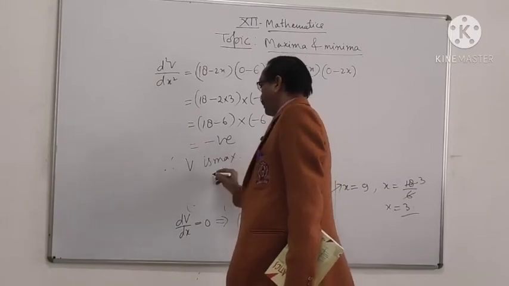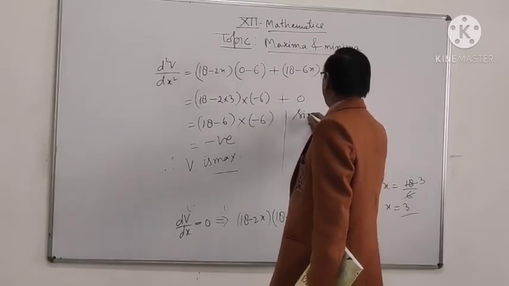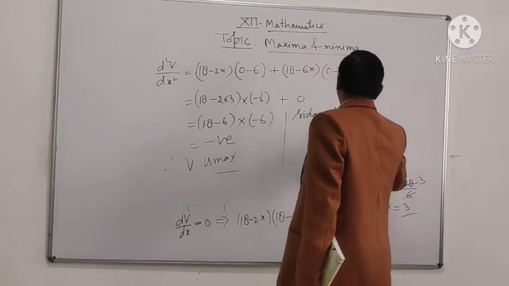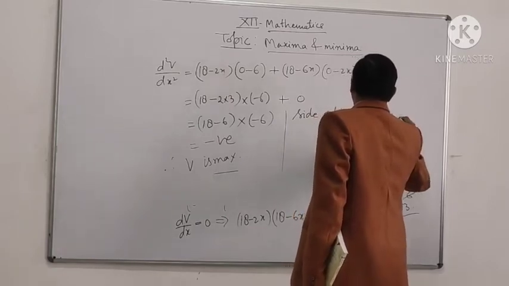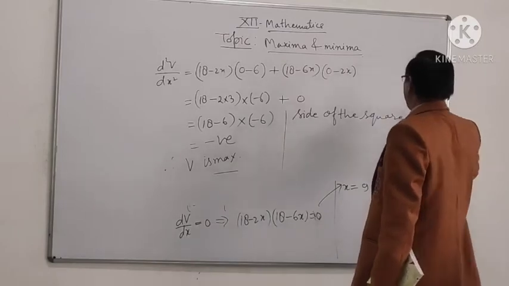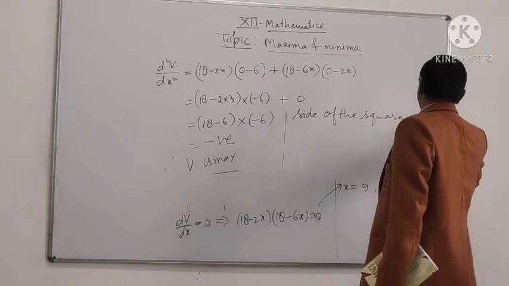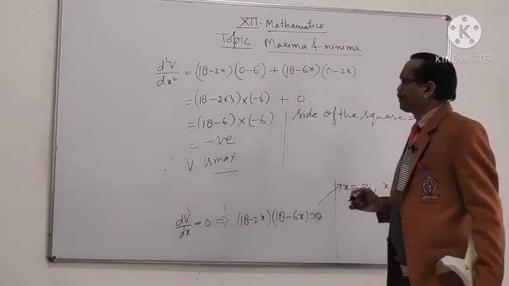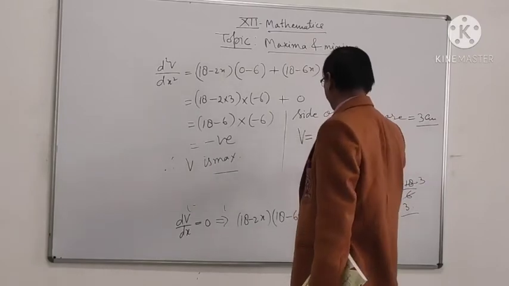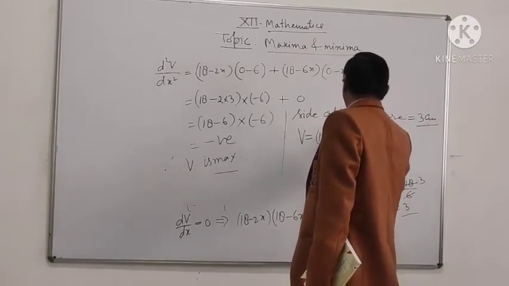Volume is maximum when the side of the square that is cut from each corner of the given square equal to 3 centimeter. And the maximum volume is 18 minus 2x whole square into x.